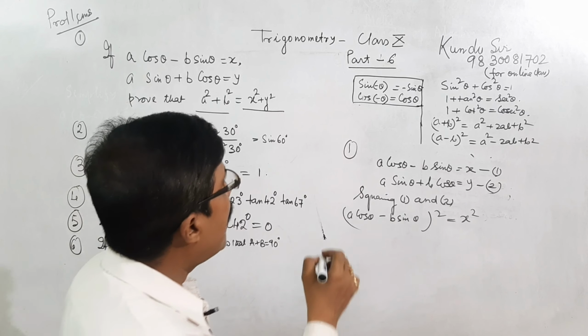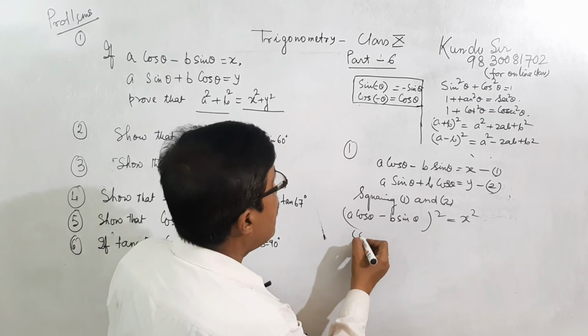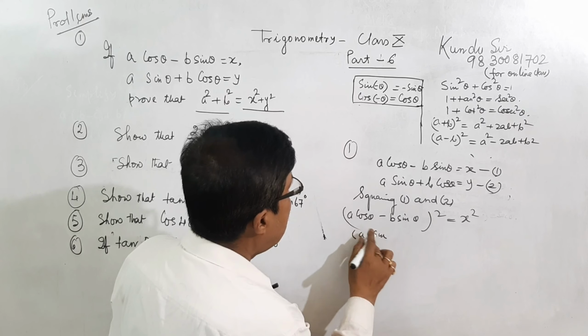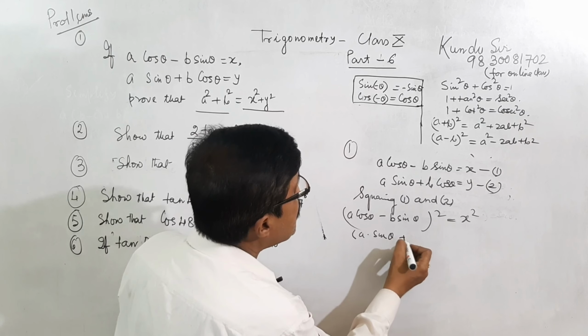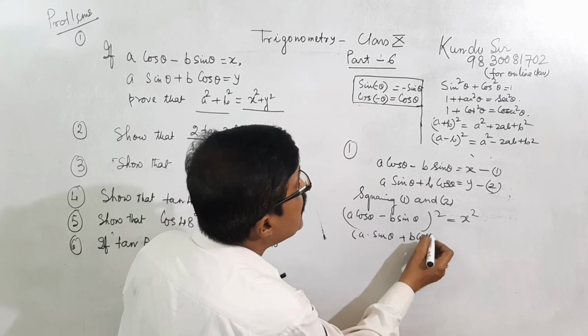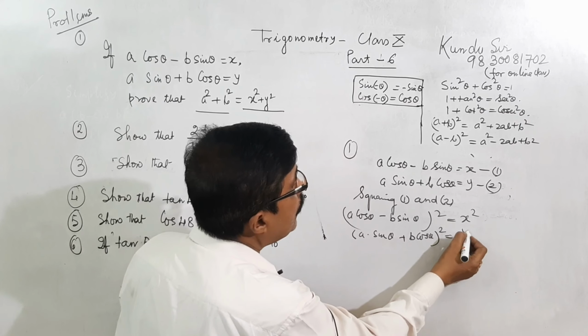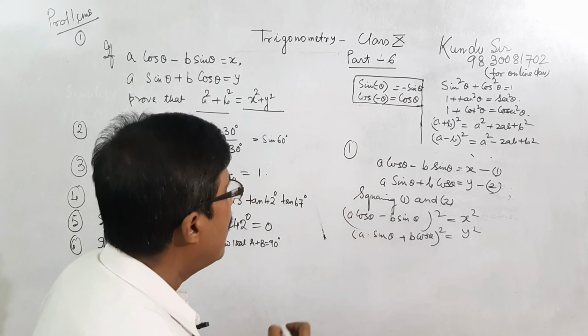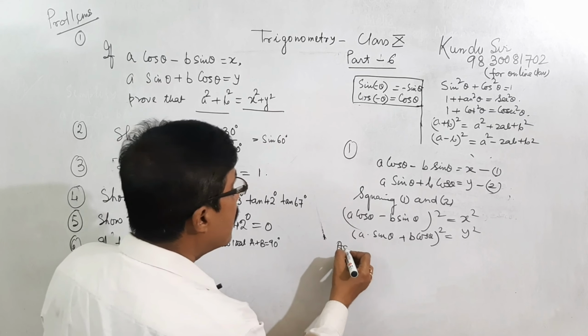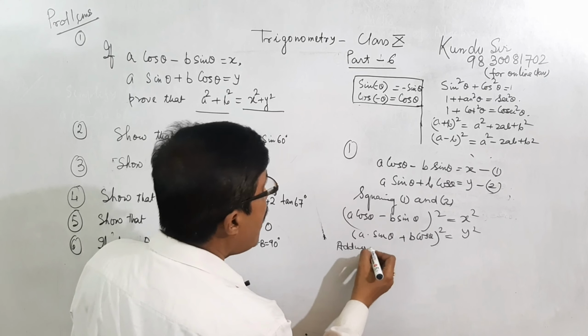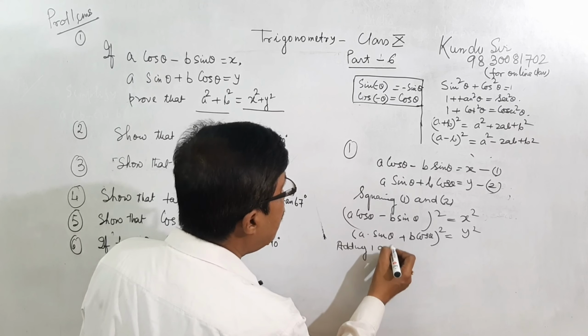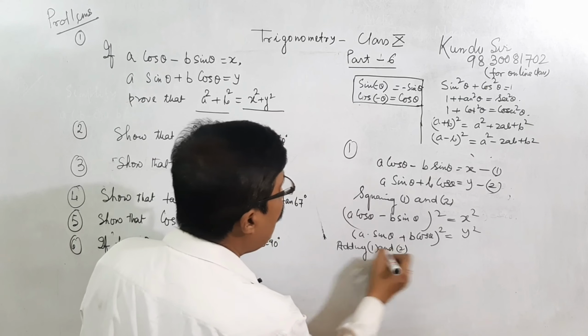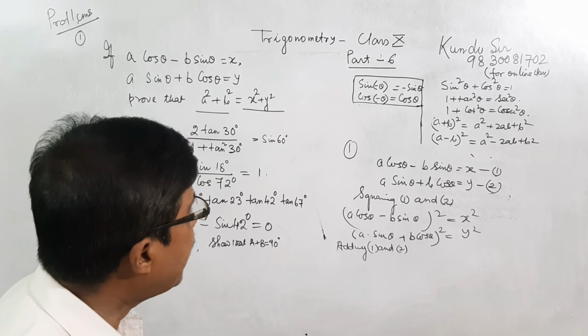Second one, a sin theta plus b cos theta whole square equal to y square. Adding 1 and 2, what are we getting?